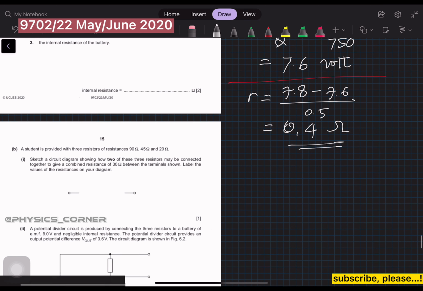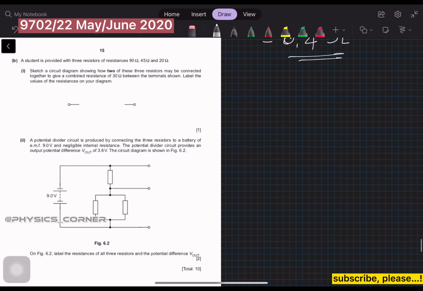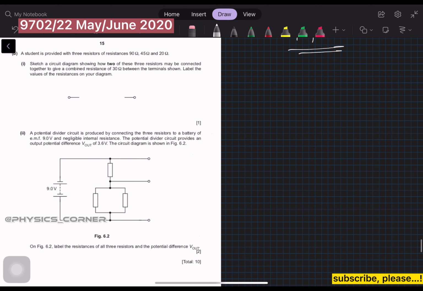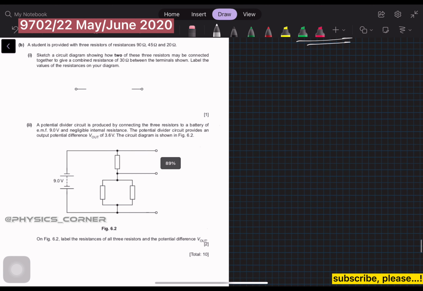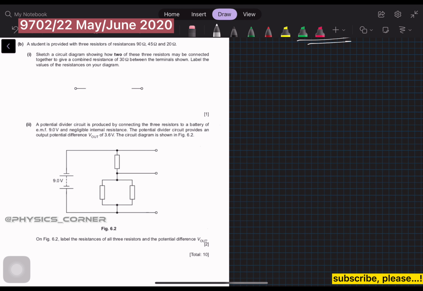Then we still have some questions here. Question B. A student is provided with 3 resistors: 90 ohms, 45 ohms, and 20 ohms. Sketch a circuit diagram showing how two of these 3 resistors may be connected together to give a combined resistance of 30 ohms between the terminals.